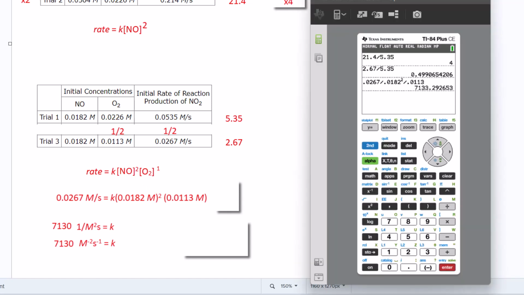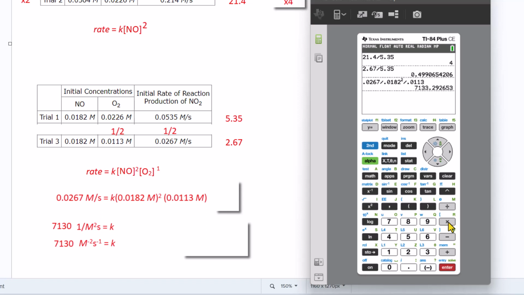I've got my calculator, and let's take this data that we have for trial 1, because we didn't use trial 1 in this calculation. We used trial 3, and see if we get this rate. I'm going to use this equation, K, which I have there.